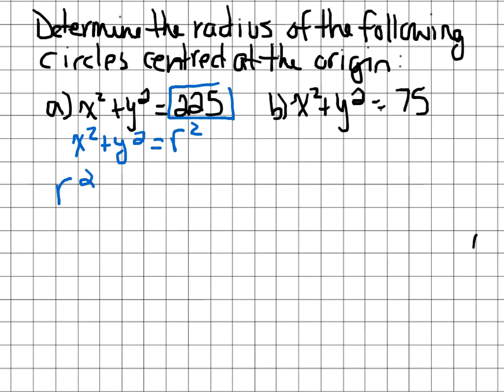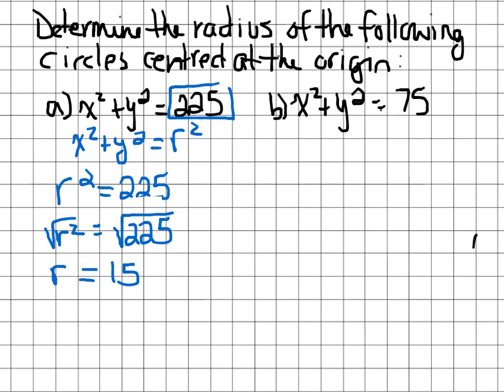So if I know that the radius squared is equal to 225, if we take the square root of both sides, we will find the radius.